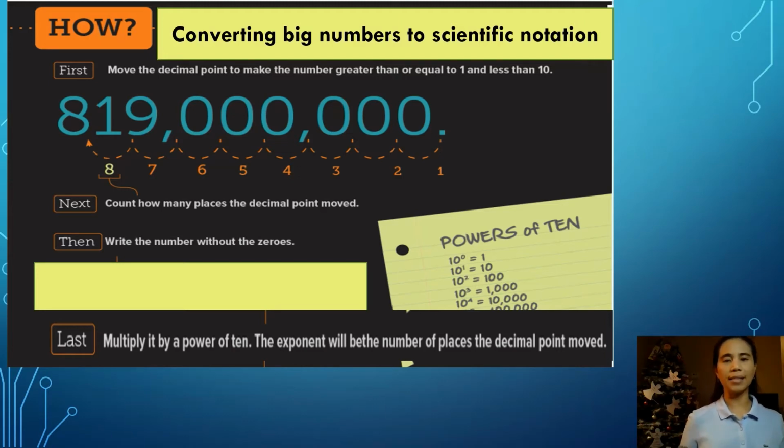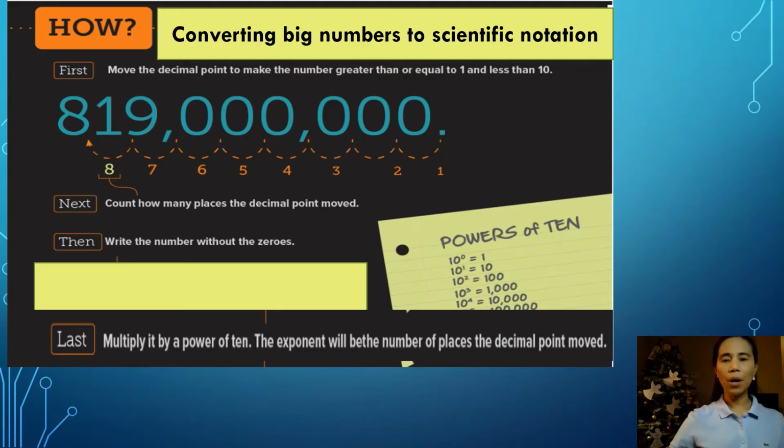So here it is. We have 819 million. Since this is a whole number, the decimal point is at the end of the number. So it's always after the last digit of a number, which here in our example, 0 is the last digit. So we have the decimal point after the last 0.